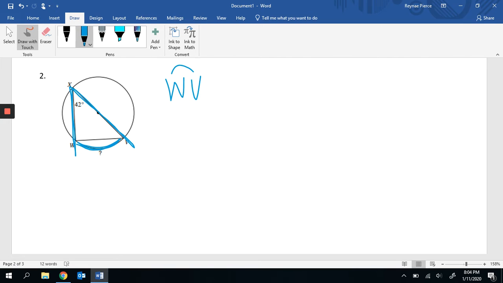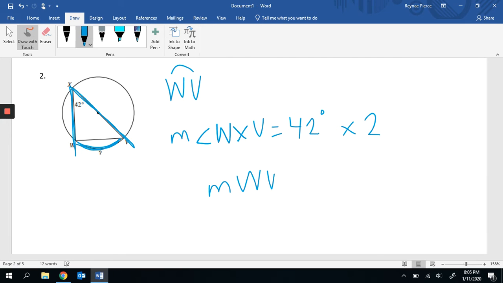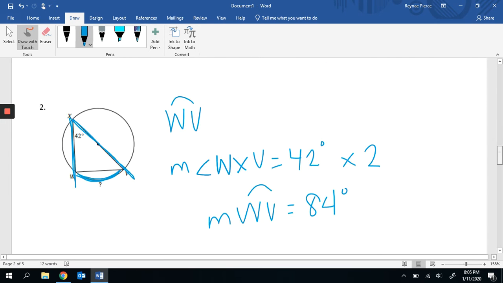So the measure of angle WXV, since that is 42 degrees, we want to do 42 times 2 to get the measure of arc WV. 42 times 2 is 84. So the measure of arc WV is 84 degrees.